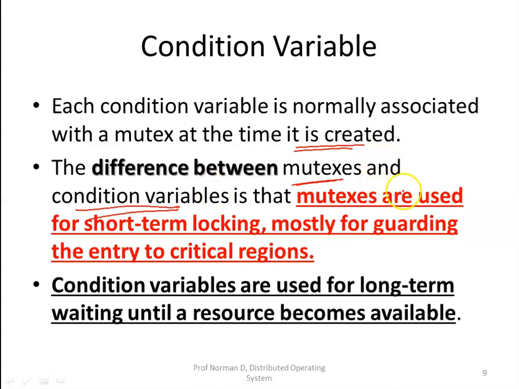Mutexes are used for short-term locking and mostly for guarding the entry to a critical region. So this is why a mutex is used. Whereas the condition variable is used for long-term waiting until a resource becomes available. So this is the difference between a mutex and a condition variable.